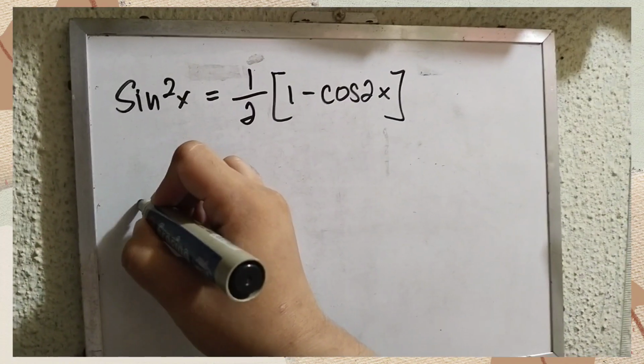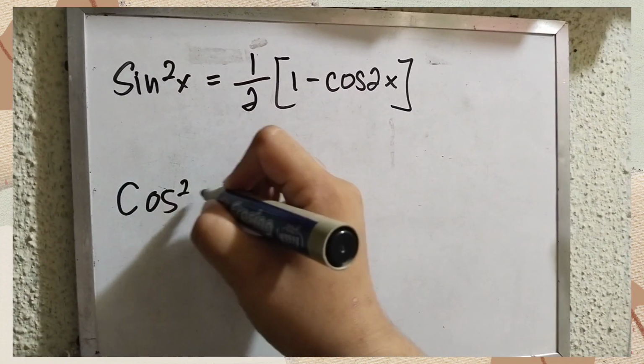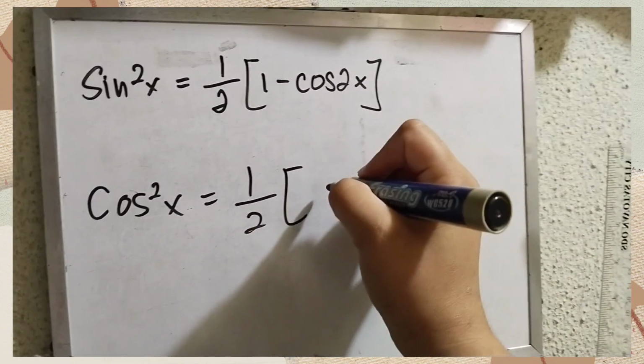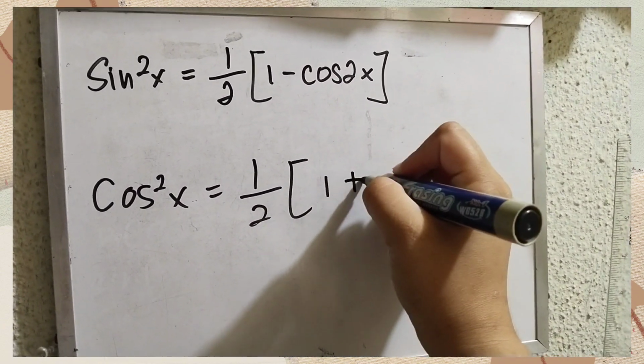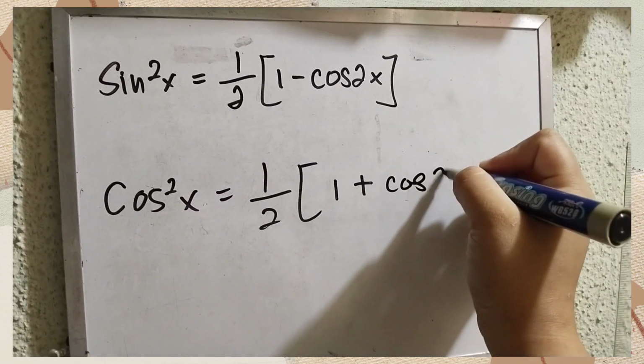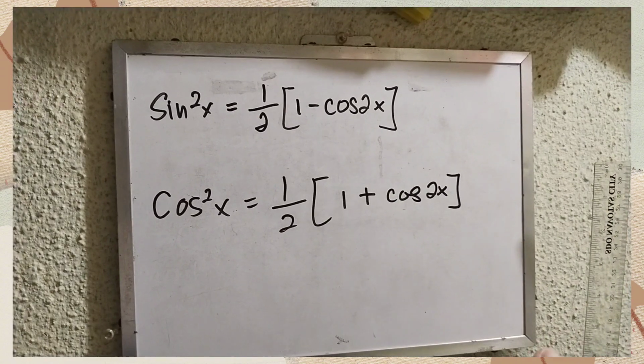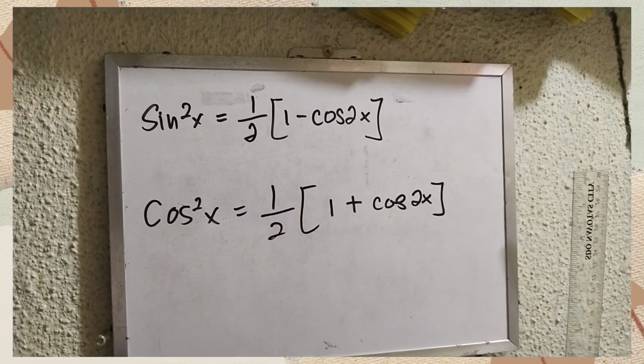The other one is the cosine. So we have cosine squared x is equal to 1 over 2 times 1 plus cosine 2x. Okay, so that's what we need so far for now.